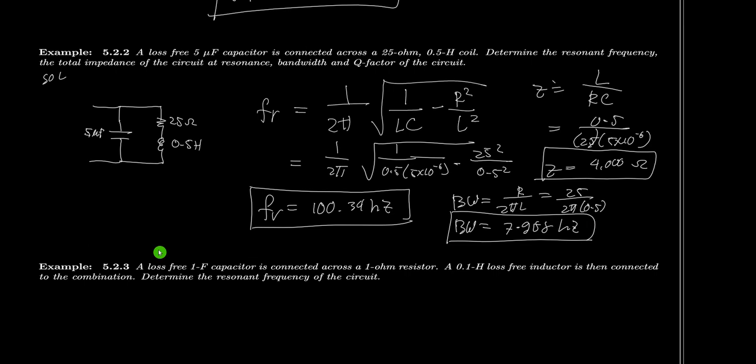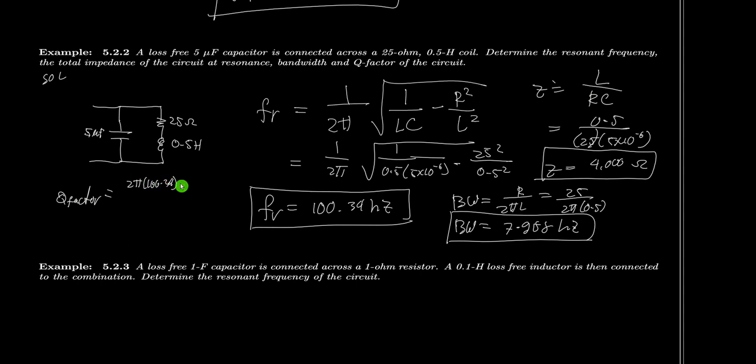And lastly, for the Q factor. What's the formula for the Q factor? For this type of circuit, it's just equal to XL over R, where XL is 2 pi times F, which is 100.34.